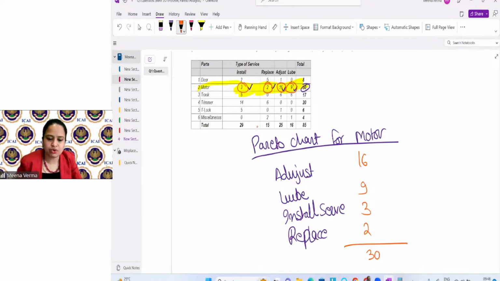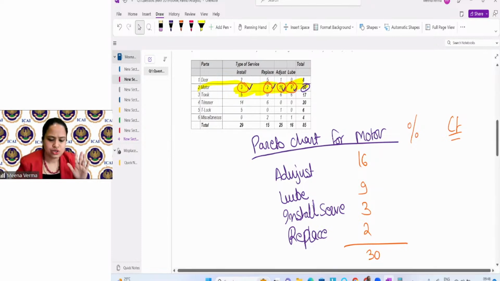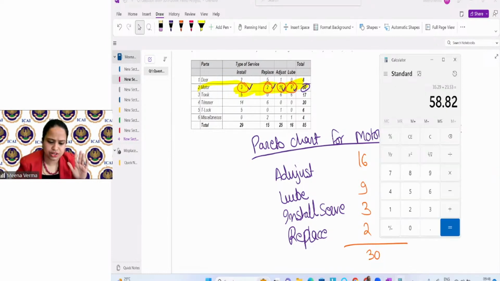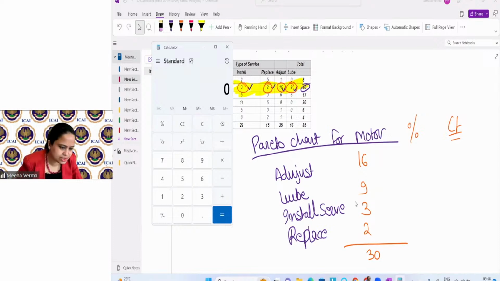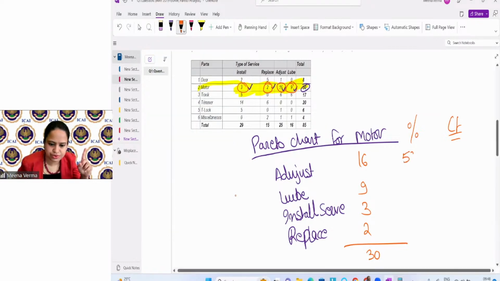Now the point is that find their percentage, then find the cumulative frequency. Don't find cumulative here. It is of no use actually, so you can avoid that step. Find the percentage now. 16 divided by 30 is 53.33%.